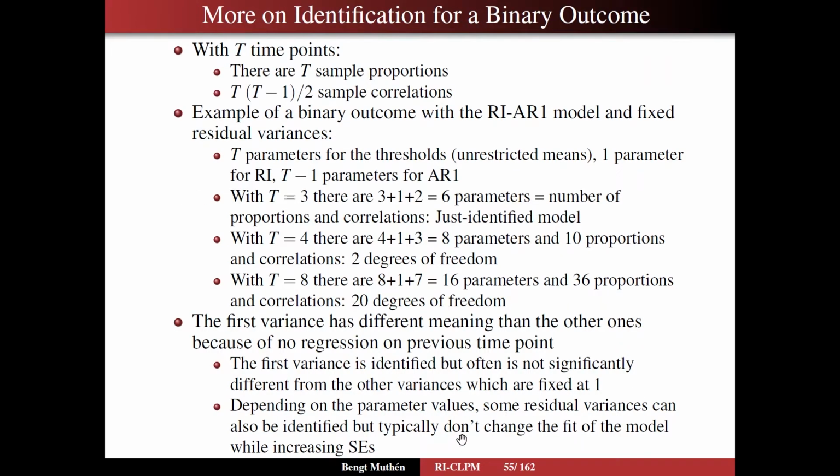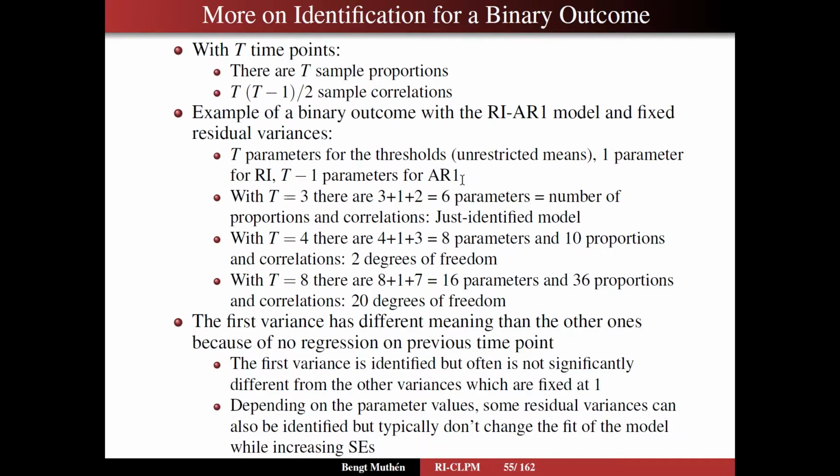Slide 55 then gives some examples of identification and counting the number of parameters. So with t time points, there are t sample proportions, and t times t minus 1 divided by 2 sample correlations. So if you take now the example of this binary outcome for the RI-AR1 model and fixing the residual variances, we fix them to 1. You have t parameters for the thresholds, the unrestricted means, 1 parameter for the random intercept, and t minus 1 parameters for AR1.